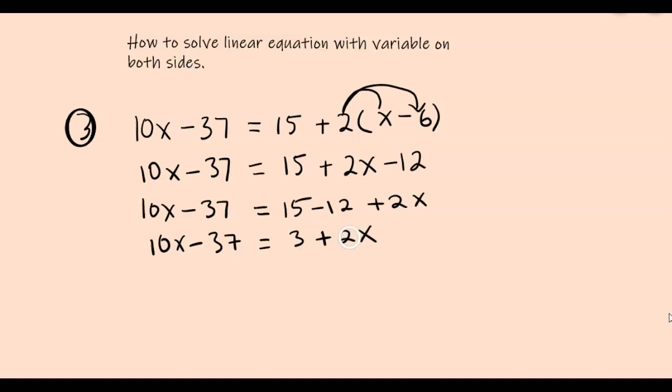Now we have 2x here, we have 10x here. We are going to take the 2x over to the 10x. It is smaller, so we are taking a smaller to the bigger. So we subtract here and we repeat the same thing here. If we do that, 10 minus 2x will give us 8x.